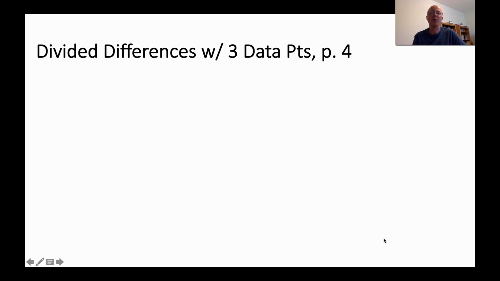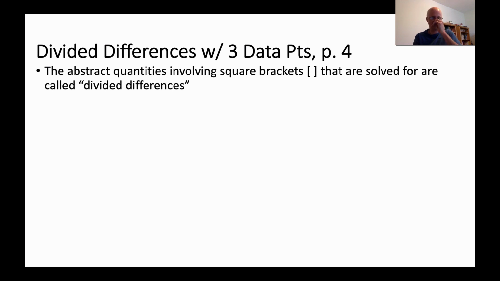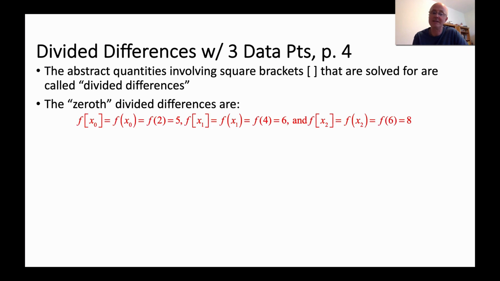Notationally, the things in square brackets are called divided differences. We can even have zeroth divided differences. These are not literal divided differences. These are actually function values. Inside the square brackets we have just a single number.